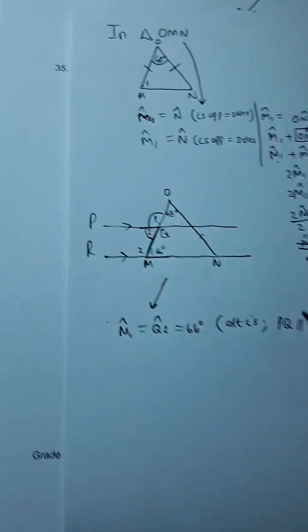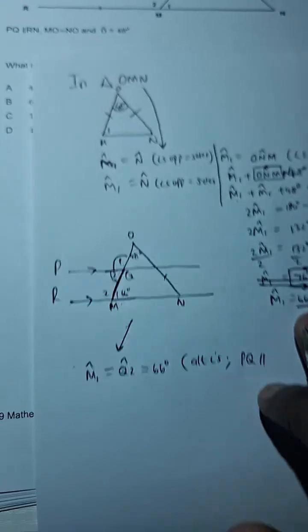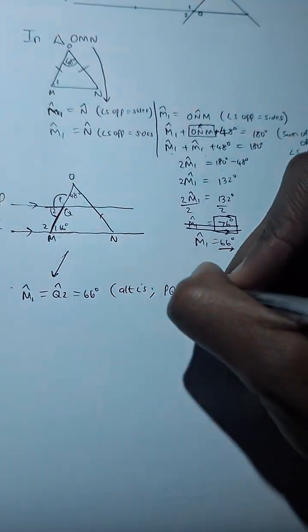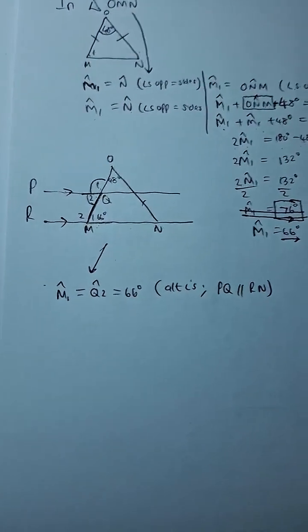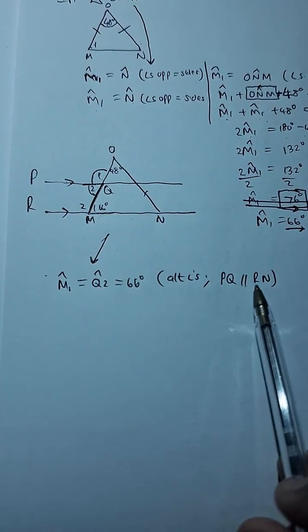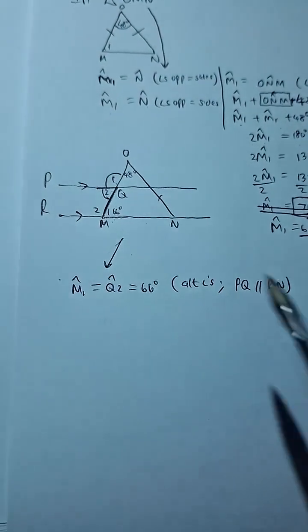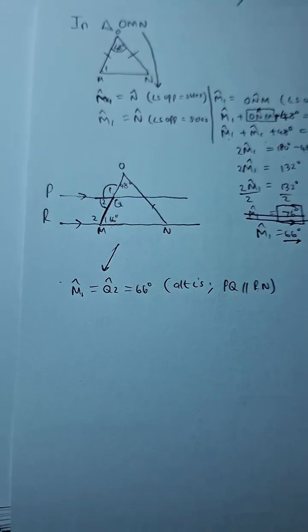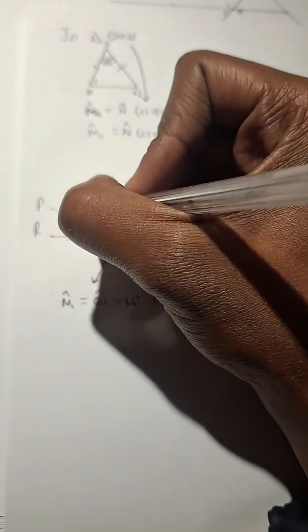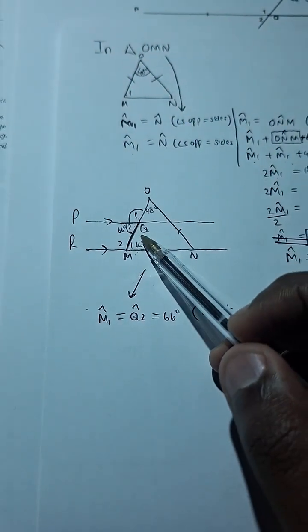PQ, we were told, is parallel to who? RN. Okay, PQ is parallel to RN. Are we together? So now we can update our diagram and say Q2 is 66 degrees.